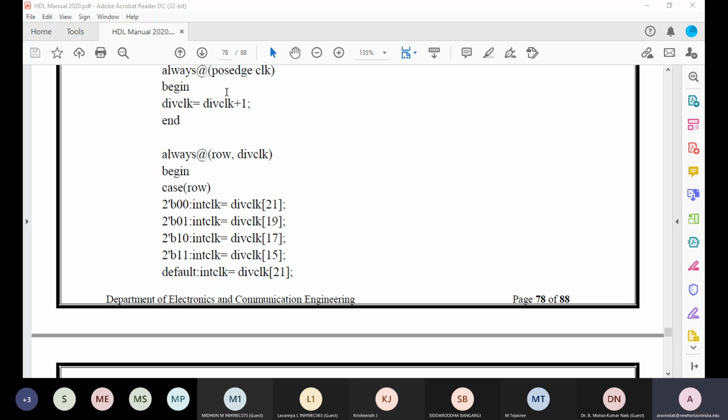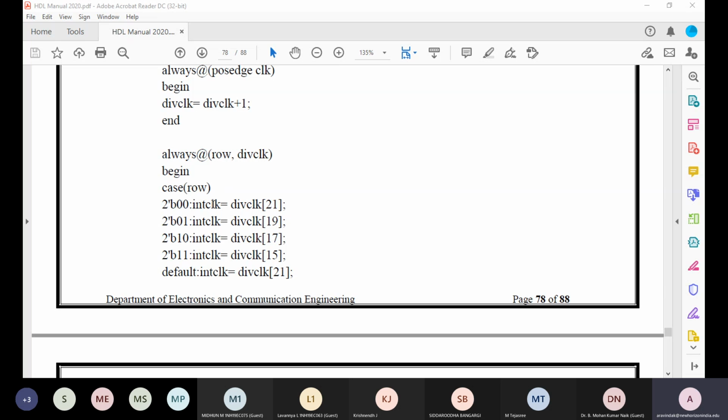That is why we are declaring this div clock in this way and we are using its respective positions. By default, the motor will be running in a very slow speed. That is why this internal clock is assigned with this div clock. That is why that int clock is also declared here so that it will have that particular variable.